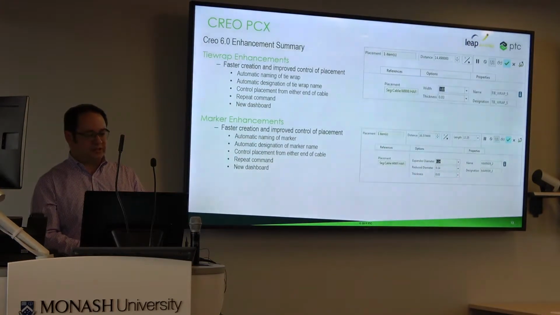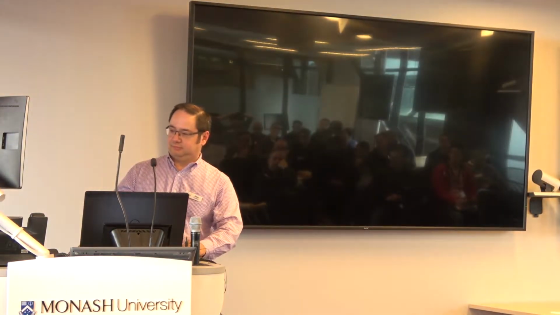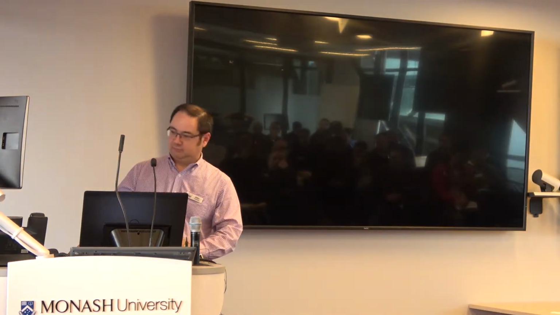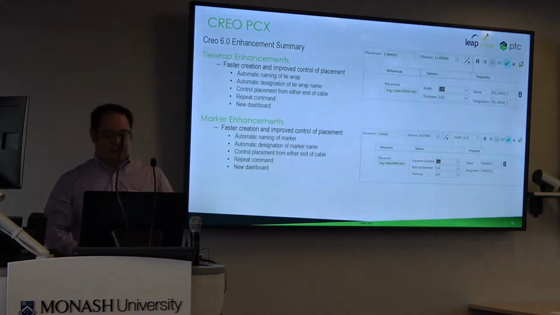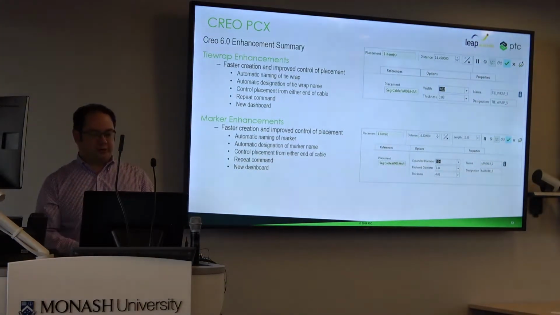In Creo 6, a few little things around little identification tags that you put on your cables. All right. So making that much easier, just put those identifying markers on your wires and cables.